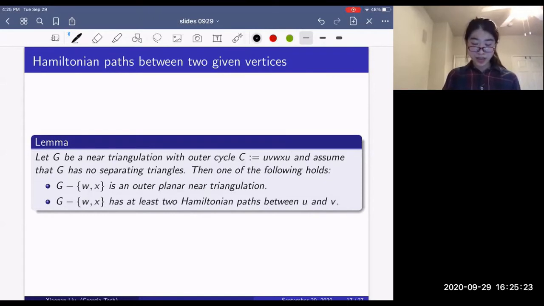We also proved another similar result, with U, V, W, X, where the condition on G is still the same.